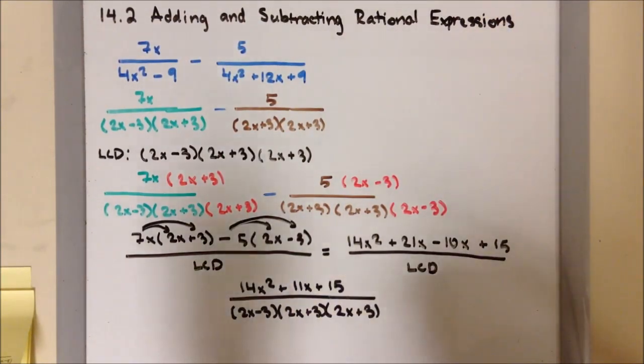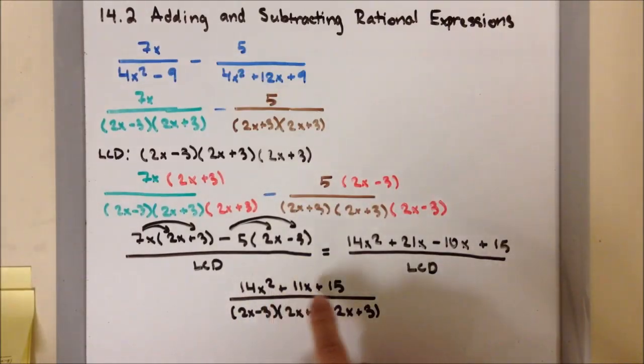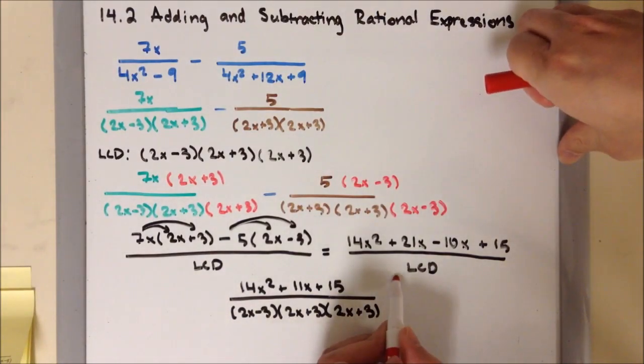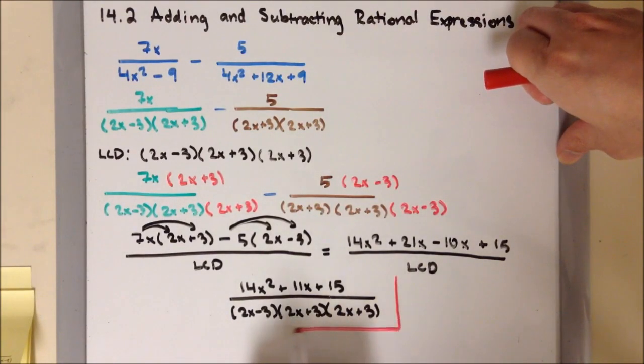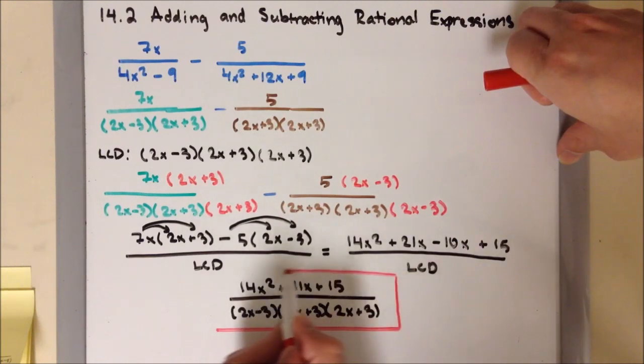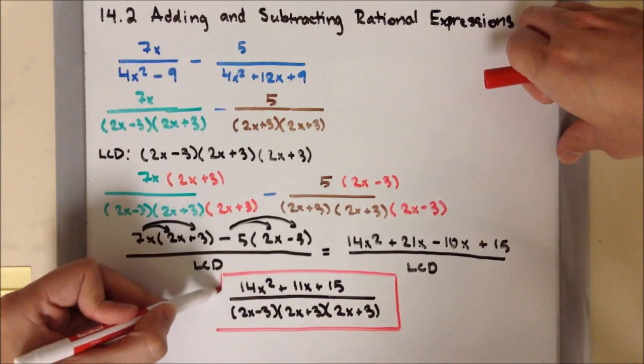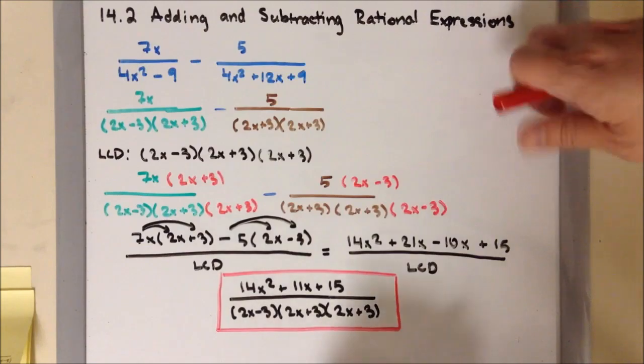There's nothing in common between the numerator and the denominator, meaning I cannot simplify this fraction. So this is my final answer. And again, you're just going to leave the denominator in factor form.